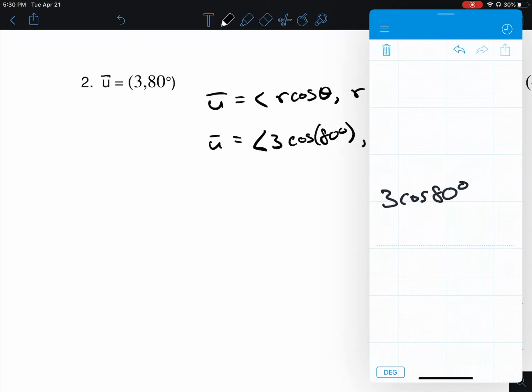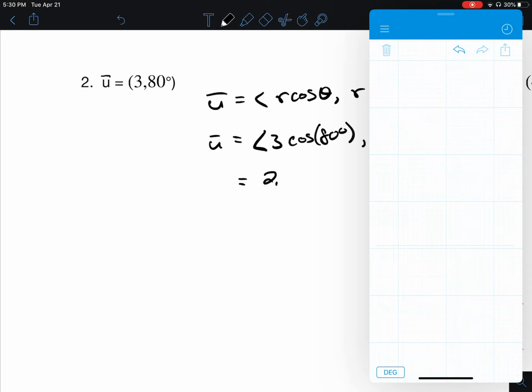3 cosine of 80 is 2.9 repeating. Well, it's super close to 3. If we round this to 1 decimal place, that will be super misleading, because it's going to look like it's just 3, which it clearly isn't.